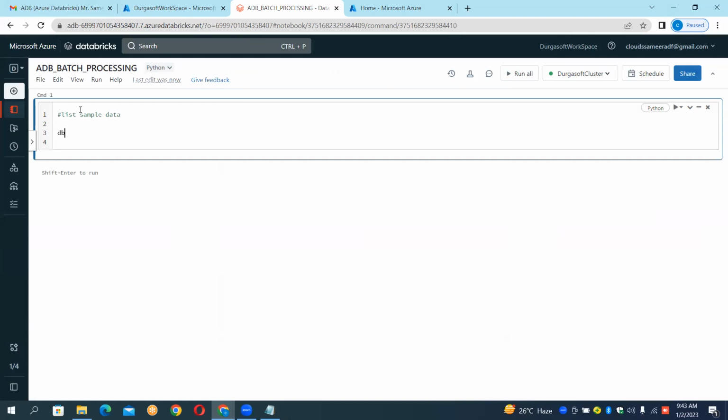Okay, so let us use dbutils. dbutils dot fs dot, tell me now, next use ls. So after this, use it here.